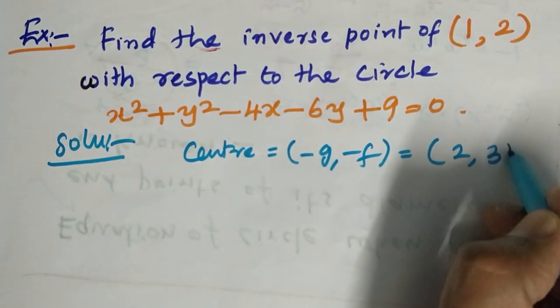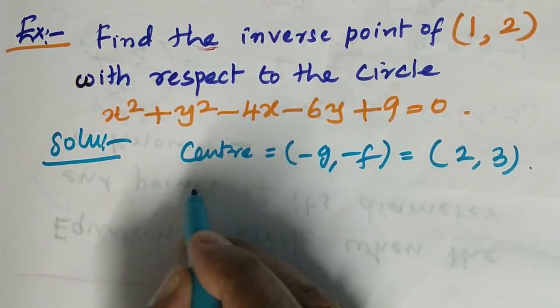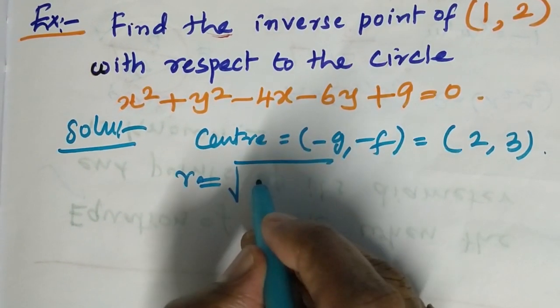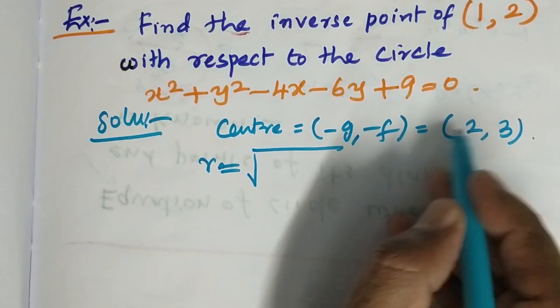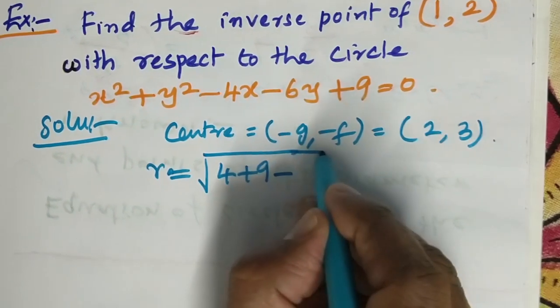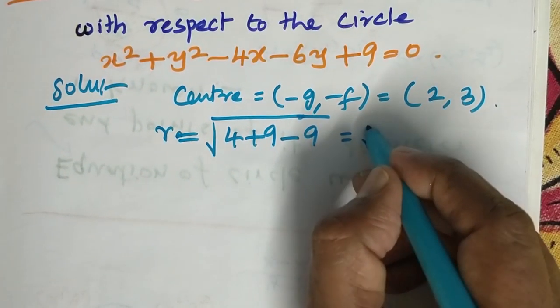Okay, and the radius r is equal to square root of g square 4 plus f square is 9 minus c, that is 9. So root 4, that is equal to 2.